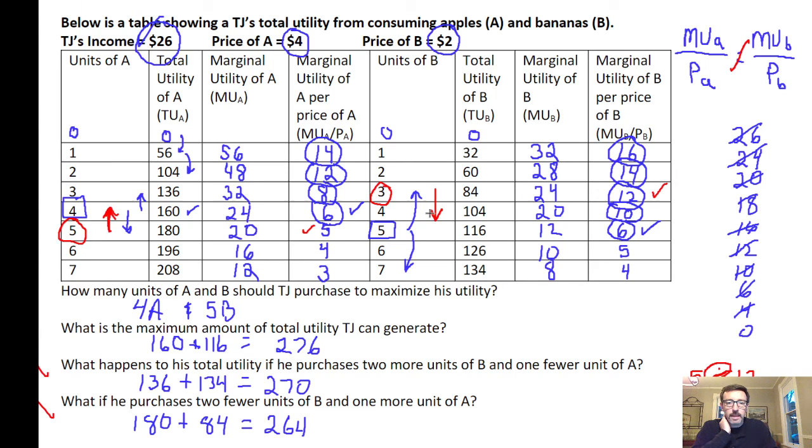And indeed, that would be correct, right? Because we already figured this out, we're aiming for this level here, 5 bananas, and this level of 4 apples. So if you find that these two are not equal to one another, then now you know what to do, how to change our consumption to try to get us to a maximum utility. All right, hope that helps you.